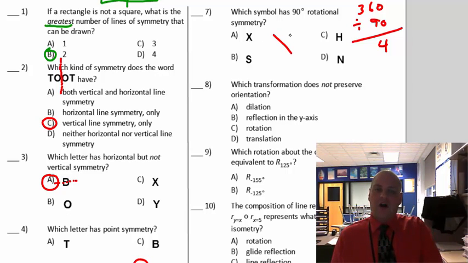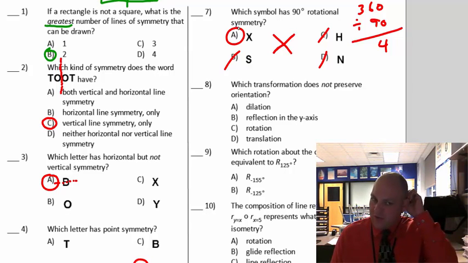But it depends how you make your X. It's arguable that you could turn it 4 ways and have it look the same. Certainly H, you cannot turn 4 ways and look the same. N and S, you knew it couldn't be those. X would be the only logical answer, but I know it could be argued that none of these really would have 90-degree rotational symmetry.